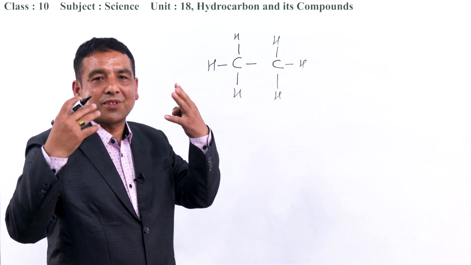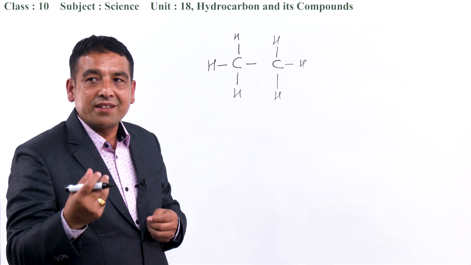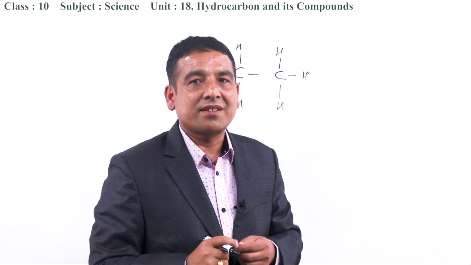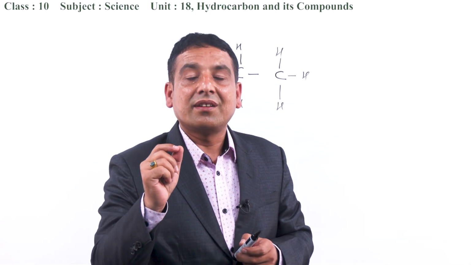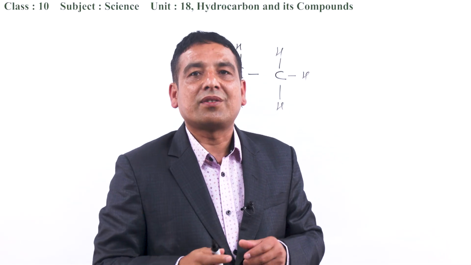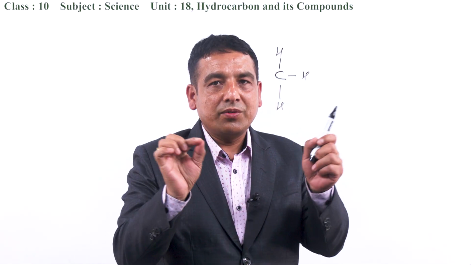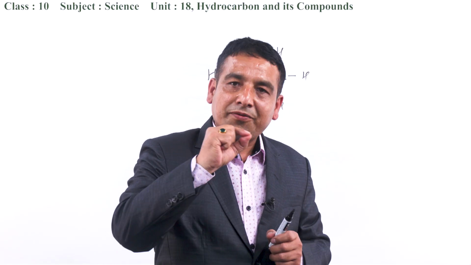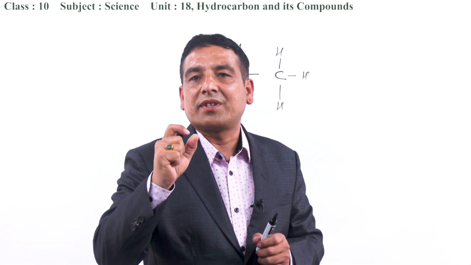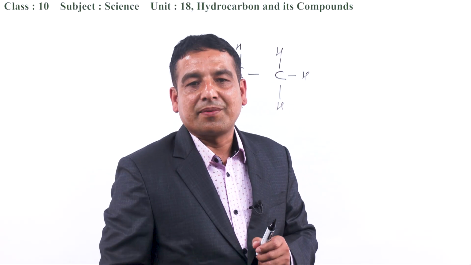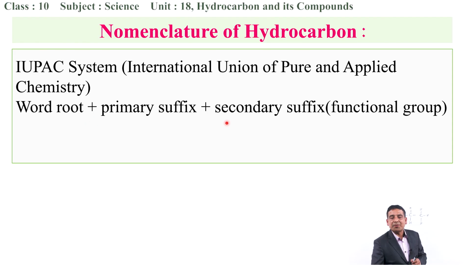So, we have a certain word to indicate the 2 carbon atoms, and if the hydrocarbon has 3 carbon atoms, then it will have a different word root, and likewise for 4, 5, 1 and so on. So, a different word is used to indicate the number of carbon atoms in the hydrocarbon, and then there is the primary suffix.